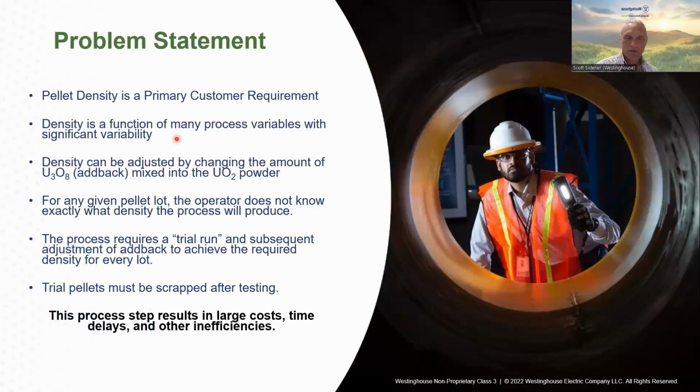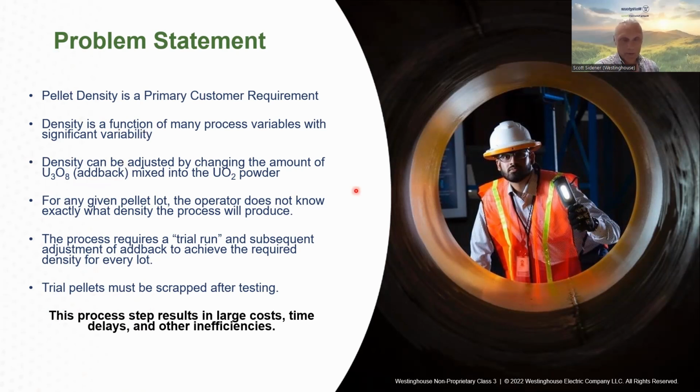Quite a few characteristics of that powder, as well as the manufacturing process of pressing those pellets and sintering them in the oven, all affect the density, and there are quite many sources of variation. We've also learned that the key element to adjusting the final density of the pellets is adjusting the percentage of the U3O8 add back that we add to our powder.